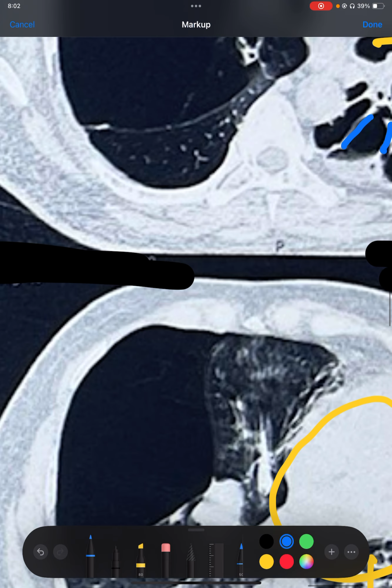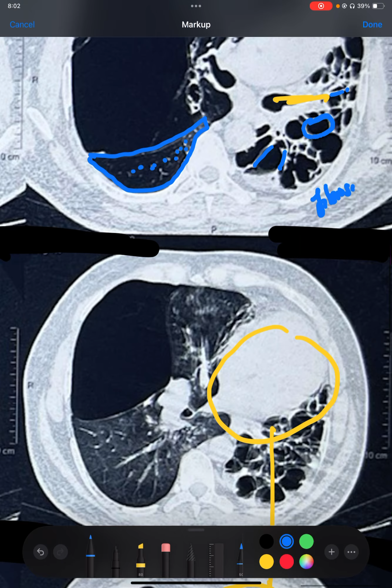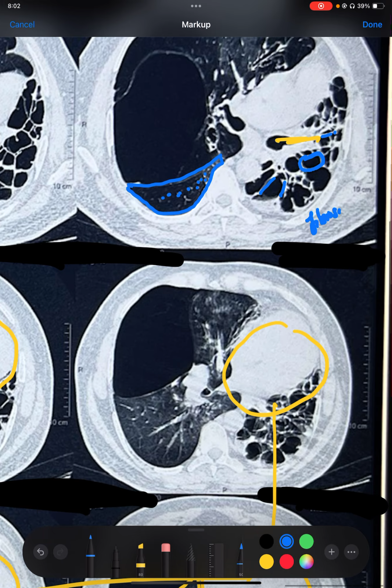So if you see, this is typical normal lung, which we can see here. There are no dense white streaks. It means that the fibrosis is not in this lung field. Whatever small dots appear, they are actually the normal bronchovascular markings.